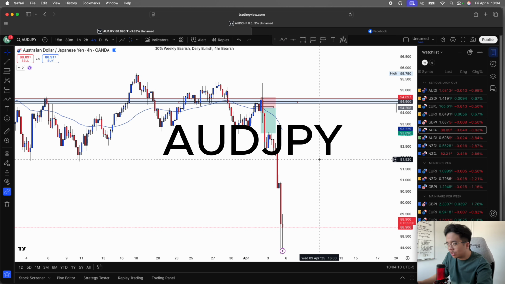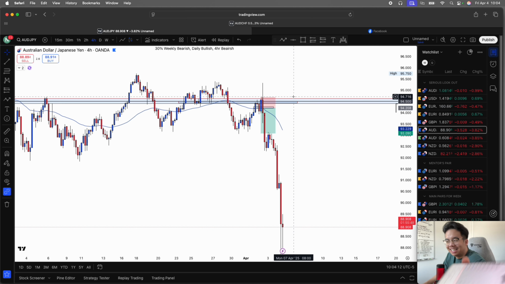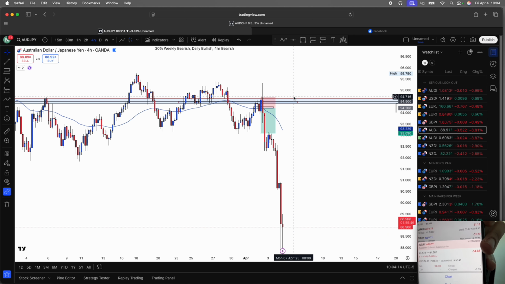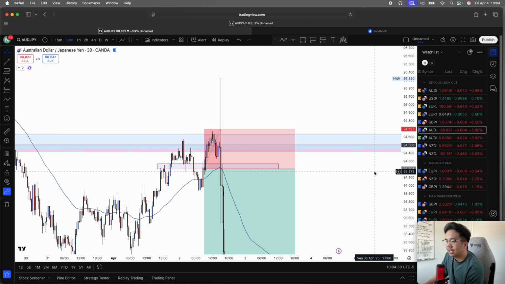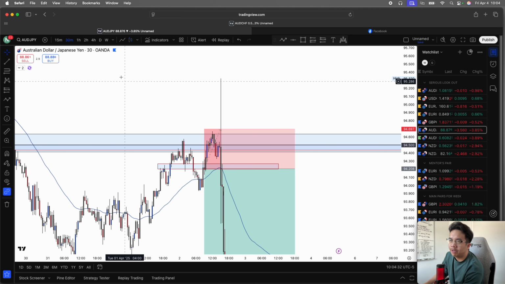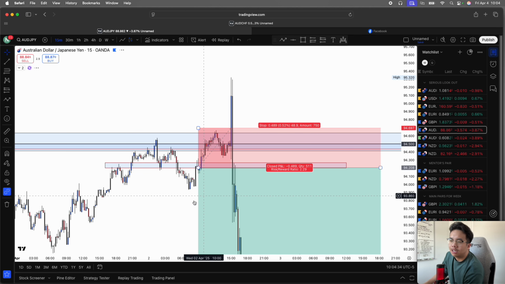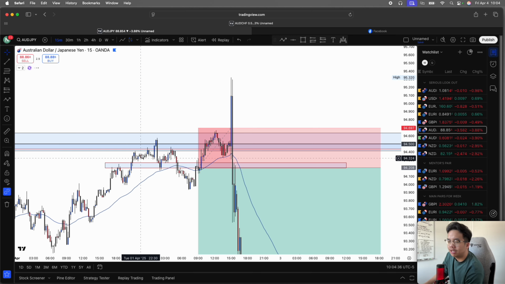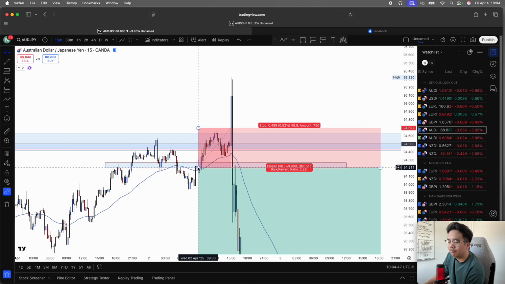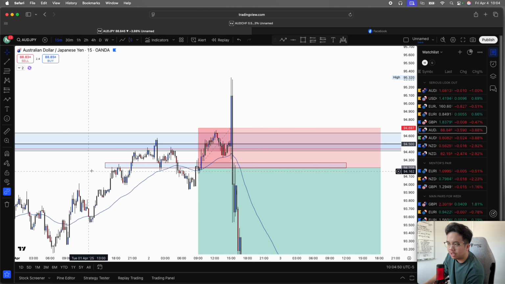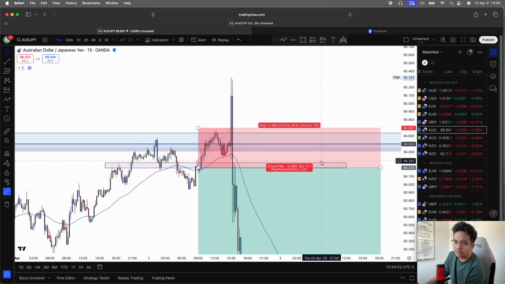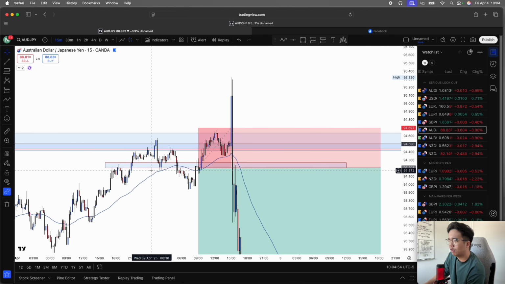AUDJPY, I also took this trade. So what happened here is that I was looking for the price to pretty much shift. As you guys can see, we hit our area of interest over here, 94,500 on the psychological level, with a left shoulder, head, right shoulder, breaking the neckline and rejecting in this area of interest where I'm looking to enter the trade.